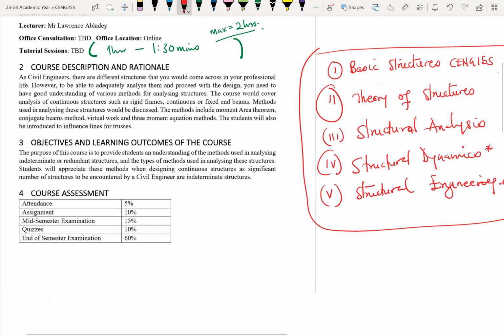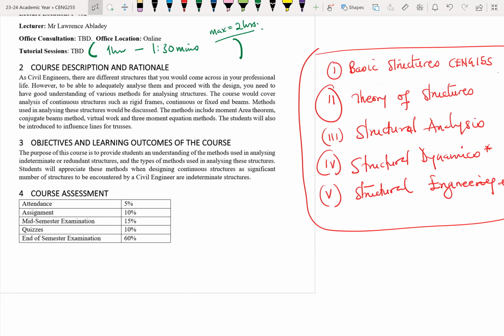Okay. So why do we have to study structural analysis, or for that matter, theory of structures? The reason has to do with the fact that we need to understand the structures that we interact with. Structures can be buildings, bridges, dams, maybe even different types of bridges.